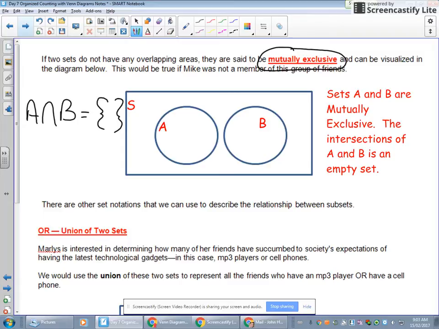It's the empty set. So we denote the set with those curly brackets. If there's nothing inside of it, we call that the empty set. We might also see the word disjoint sets. So mutually exclusive, disjoint sets, empty sets would be for the intersection of A and B being an empty set.